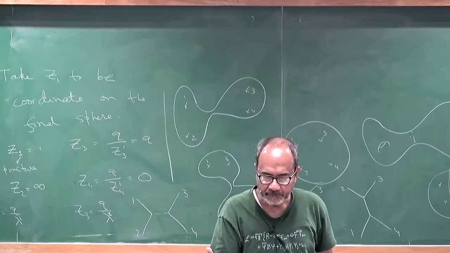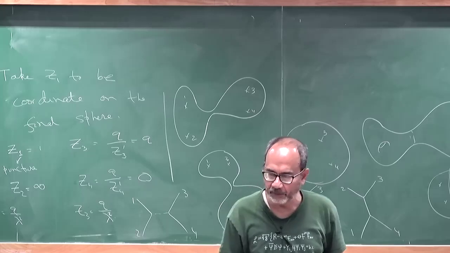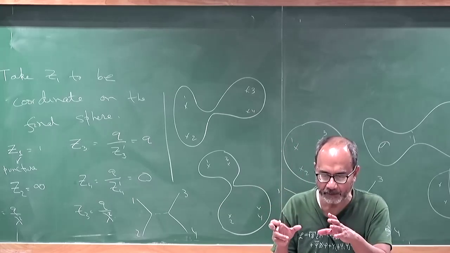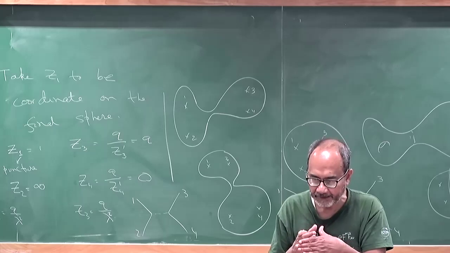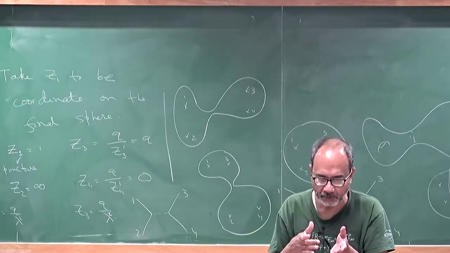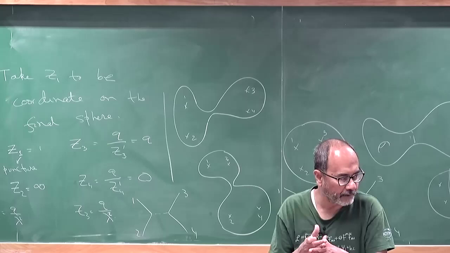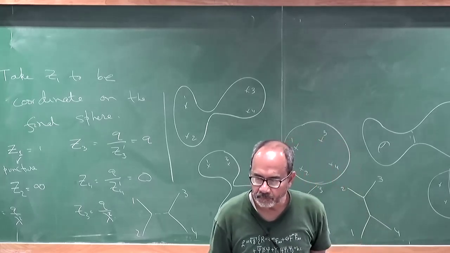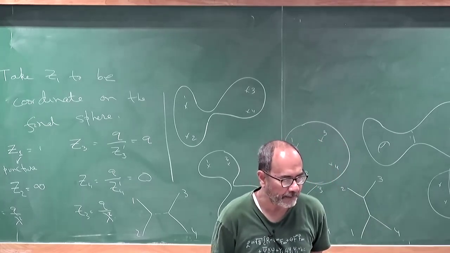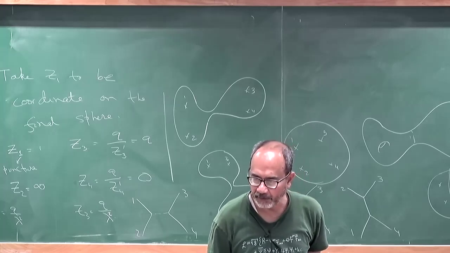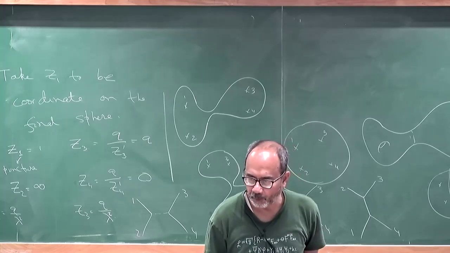If there are two propagators, that includes a region where two boundaries are intersecting, Q1 equal to 0 and Q2 equal to 0. That's like two different boundaries intersecting and so on. So you can make a one-to-one correspondence between the Feynman diagrams and this way of decomposing the moduli space.